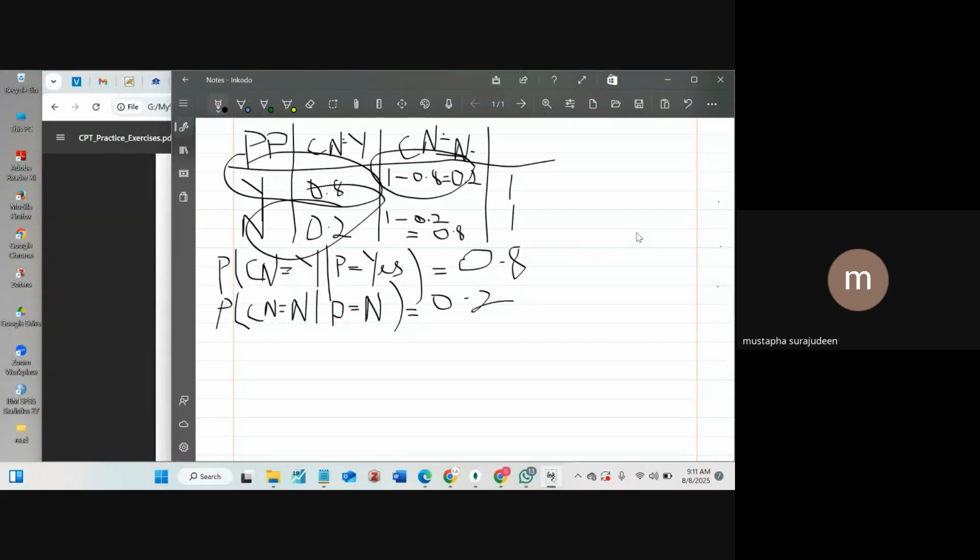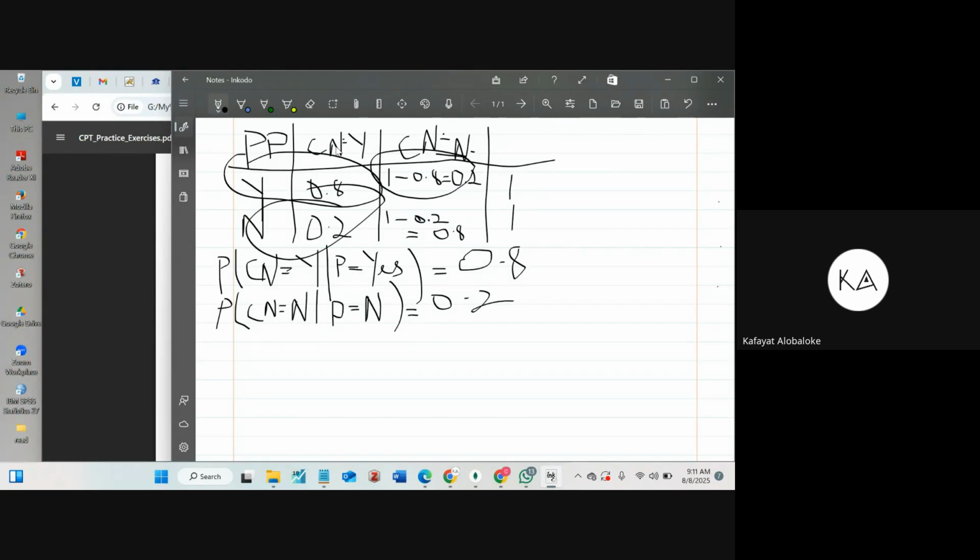That's CN. Here in our conditional probability table, in the first row, we have punctuation, the probability that punctuation is present.